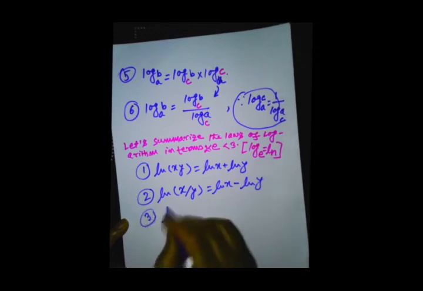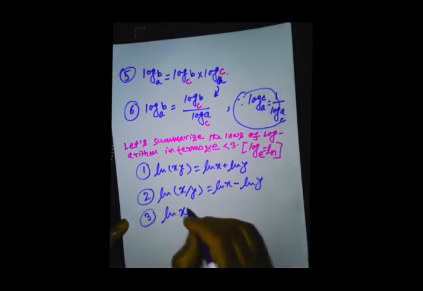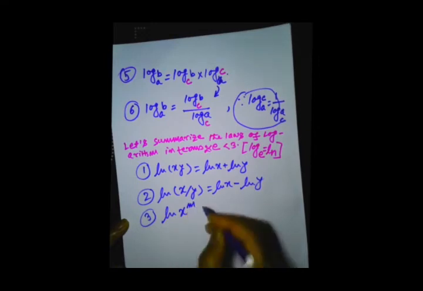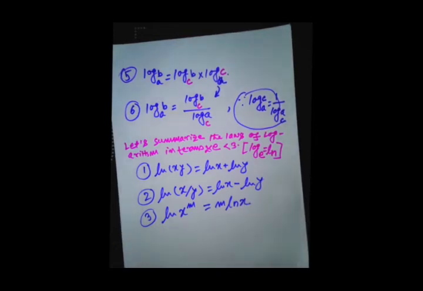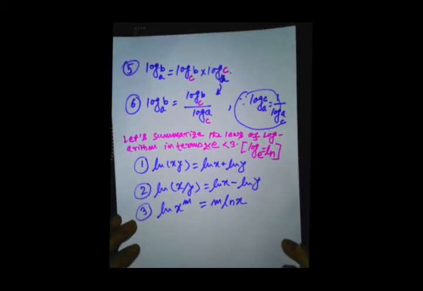Thirdly, ln of x to the power m, for example, can be written as m times ln of x. So in this way we can define the laws of logarithm in the natural logarithm form also. In this way we can summarize these laws, and other laws can also be summarized like this, where the base is e.